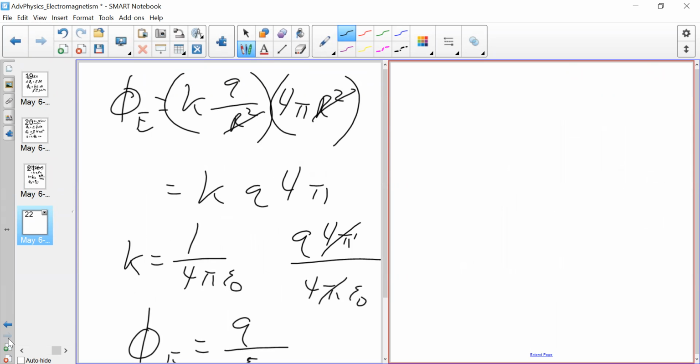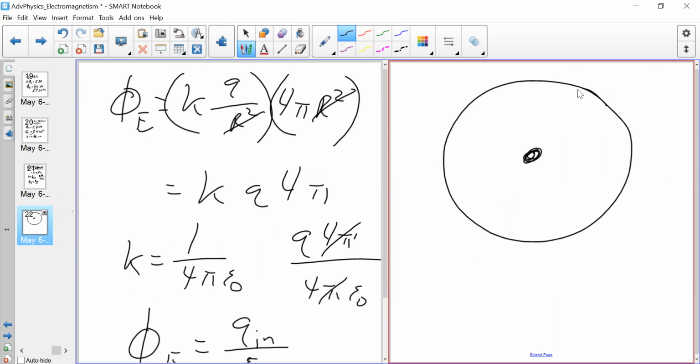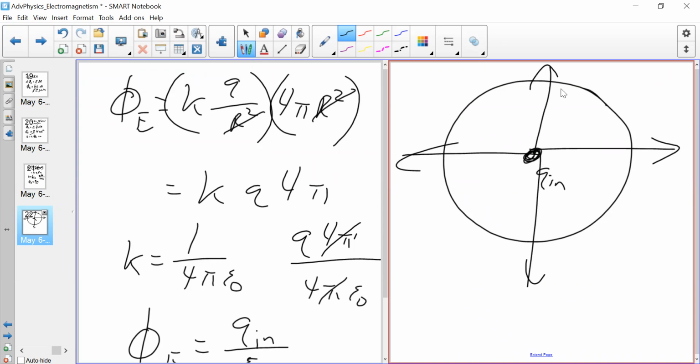It's typically written with a subscript for enclosed. So I have a charge here and I define a Gaussian surface around it. I can find the electric flux through it. This is enclosed, or inside. This is an arbitrary Gaussian surface around a sphere.